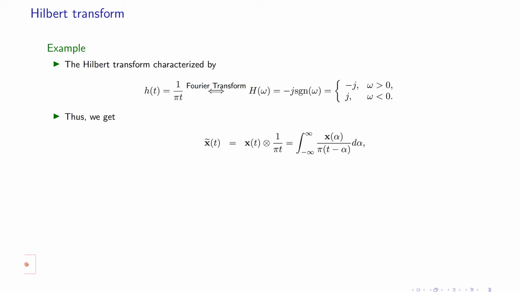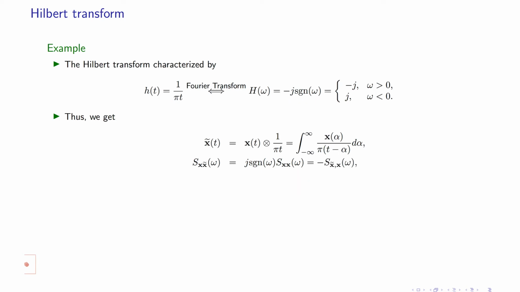If the input is WSS, the output is also wide sense stationary. In this example, the cross power spectral density of the input and output is equal to S_xx of omega times H of omega conjugate, and this is what we get.